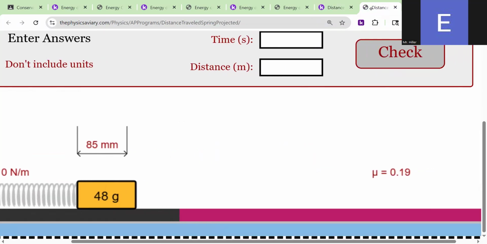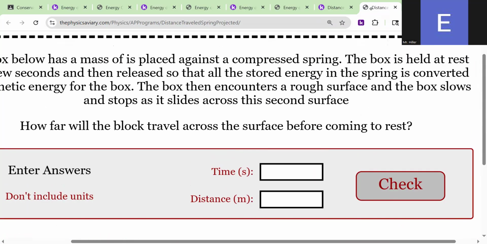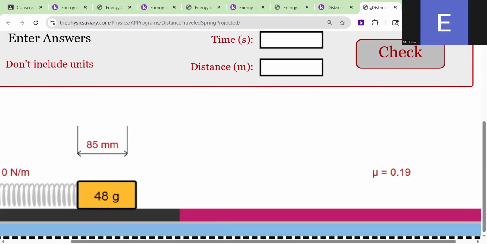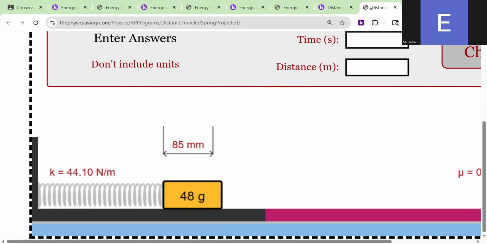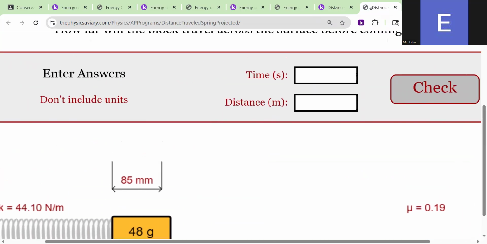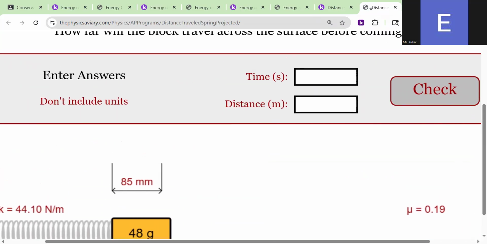So I better look. I do not see anything for g telling me it's anything other than 9.8, so I'll go ahead and use 9.8.